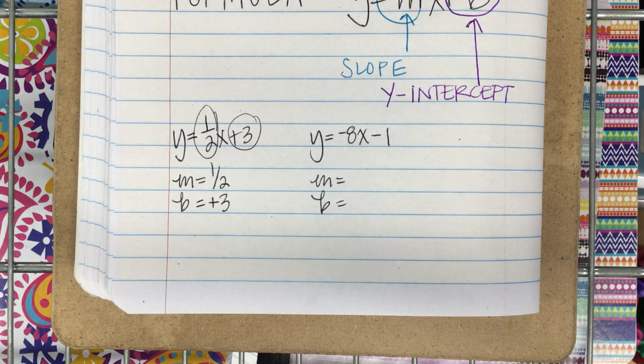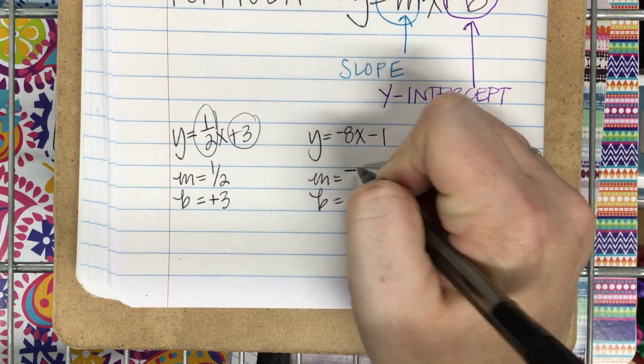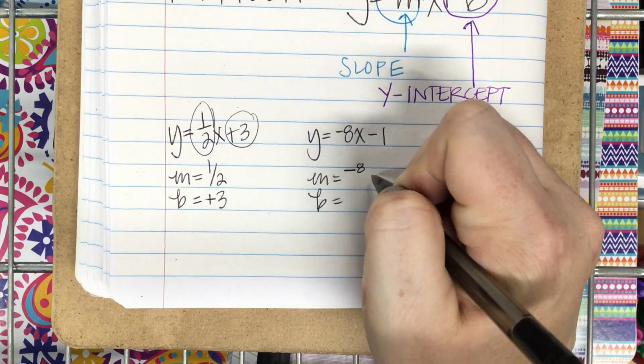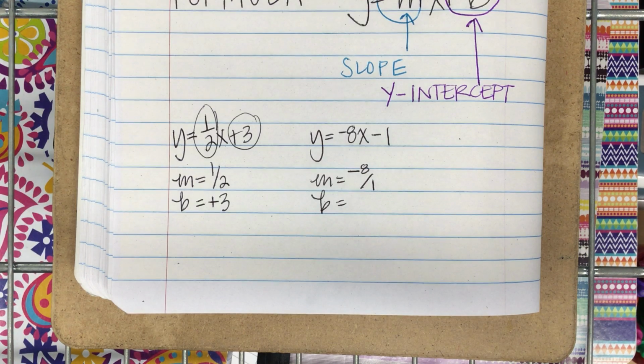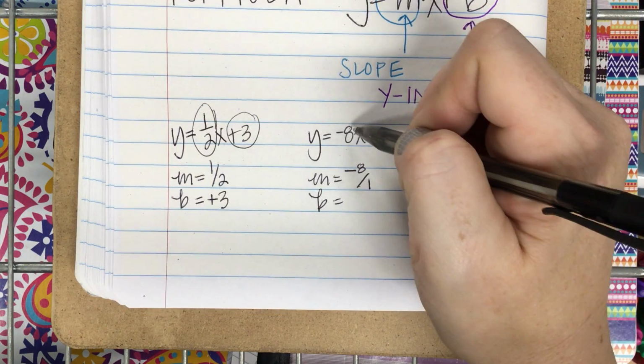Sasha, what's my slope? Negative 8 over 1. Good. Only one of your values is negative, because if I make both of them negative, it turns positive. And what's my intercept? Where does this diagonal line cross the y-axis? Serenity? Negative 1. Perfect.